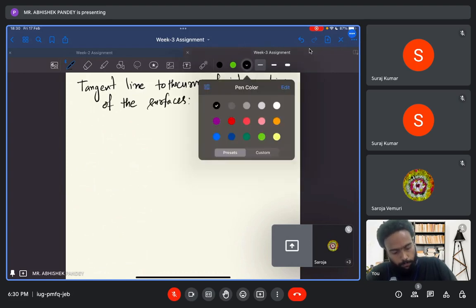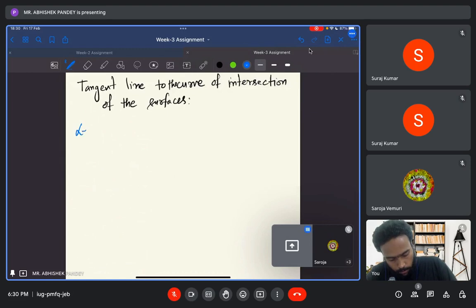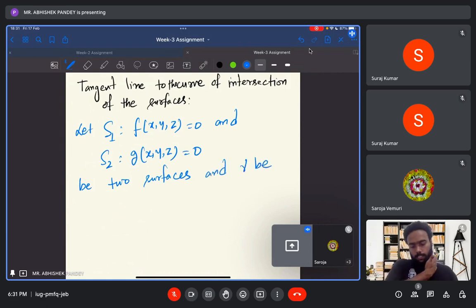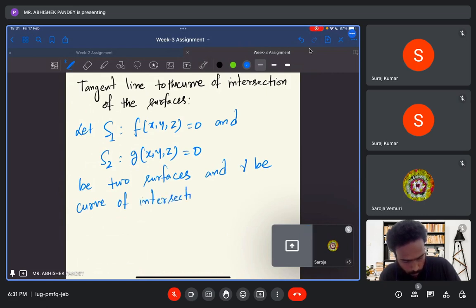Okay, so let S1 be a surface f(x, y, z) equals 0, and S2 be another surface g(x, y, z) equals 0, be two surfaces, and gamma be the curve of intersection of S1 and S2. Okay.